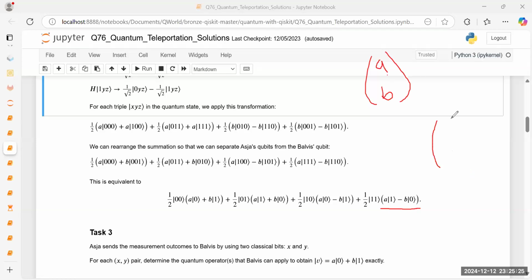And finally, if he has minus B A, she'll send 1, 1 to him, telling him to apply an X gate and a Z gate so that he successfully has what she intended on sending.